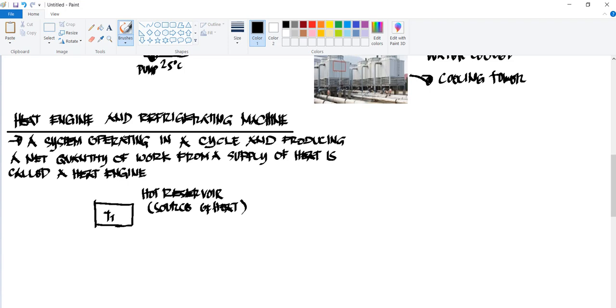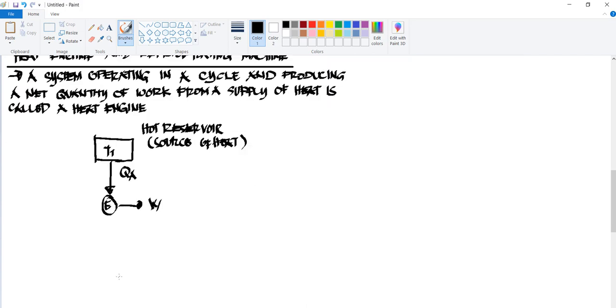Then you have your engine, E. Then you supply a heat, and it is absorbed by the engine, and you produce a work. Then heat is rejected to the cold reservoir.